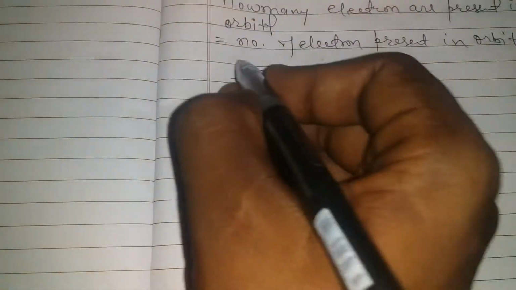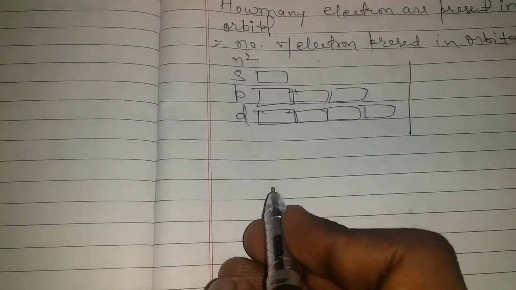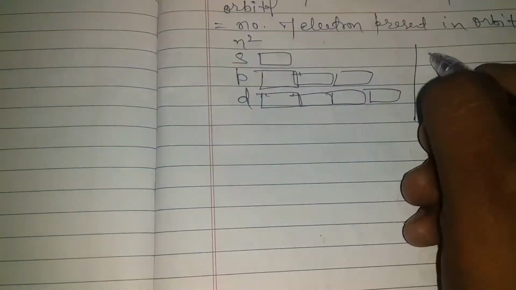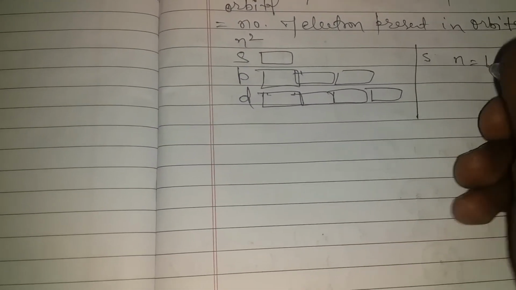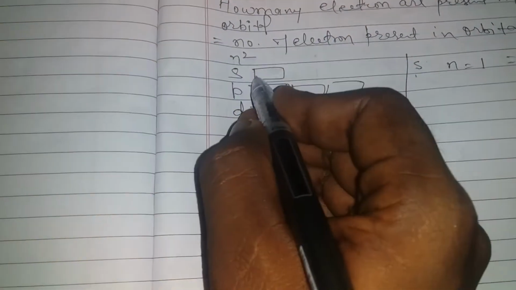The number of electrons present in an orbital is equal to n square, which is easy to find. For S, n equal to 1, so the number of electrons is 1 square, equal to 1.